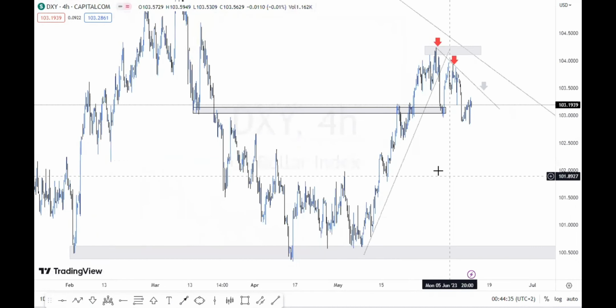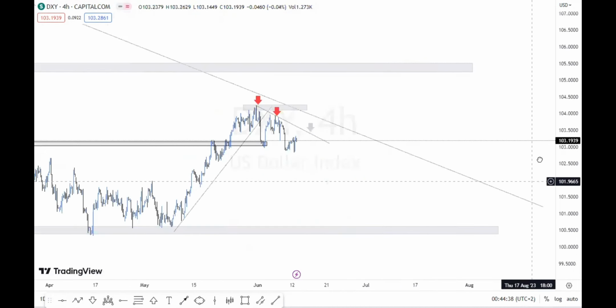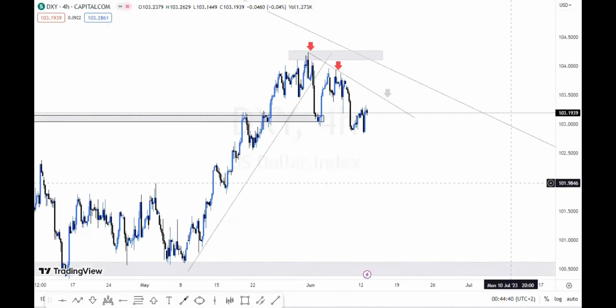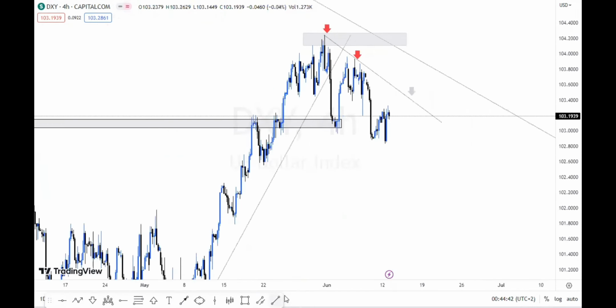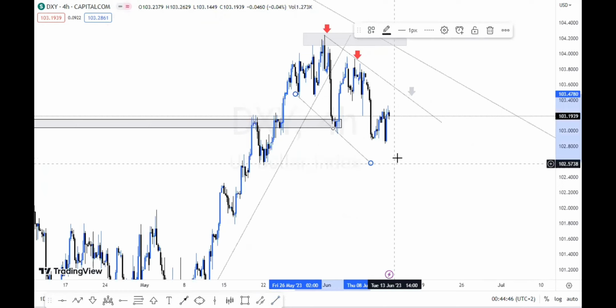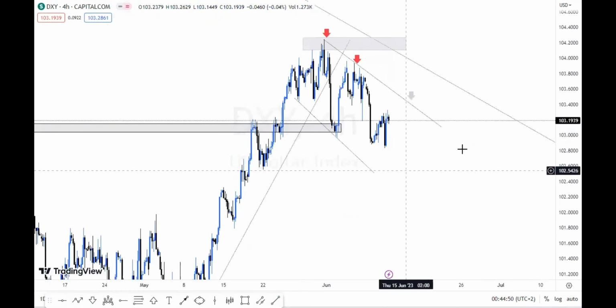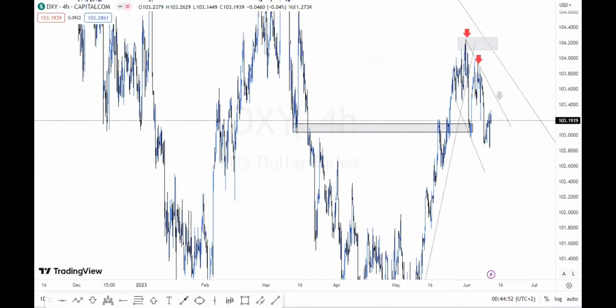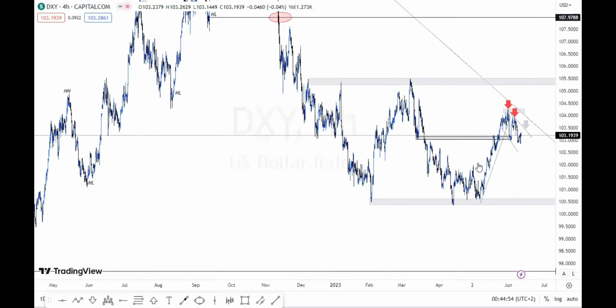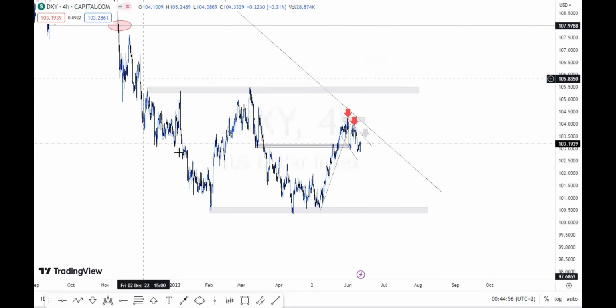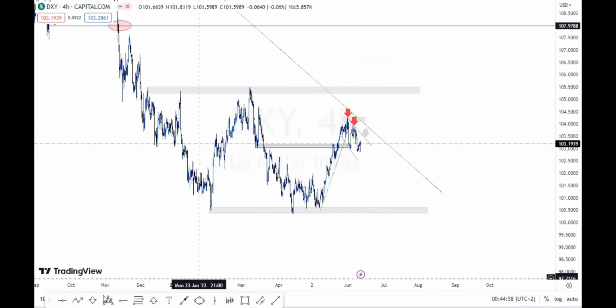That would mean price is really going down, or we might have some sort of a reversal, which would make sense because remember, in the grand scheme of things, we still need to complete this channel, right?